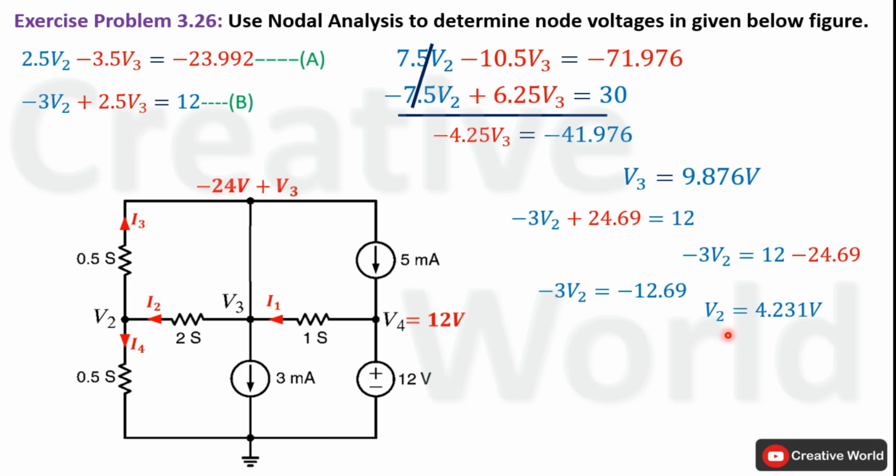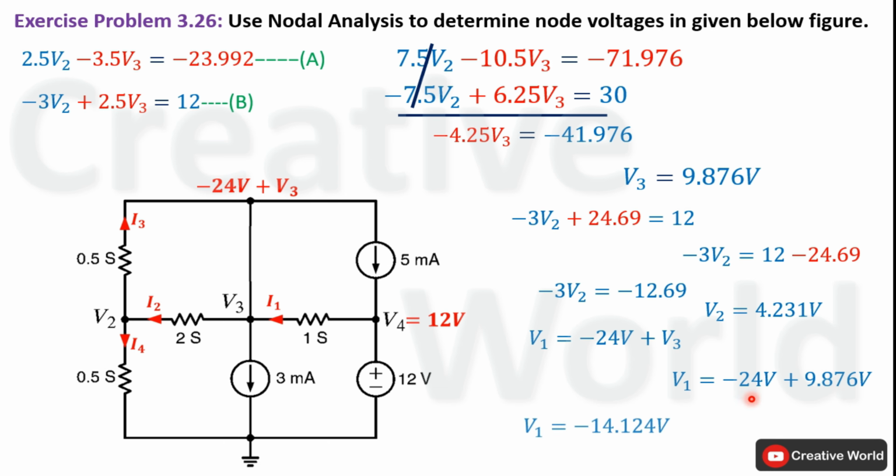So we have the values of V2 and V3 as well. Now we can calculate the value of V1, that is equal to the sum of minus 24 volt and V3. So V1 will be equal to minus 24 volt plus V3. Replace V3 with its value. The equation will become minus 24 volt plus 9.876 volt.